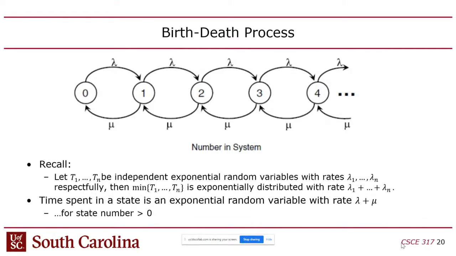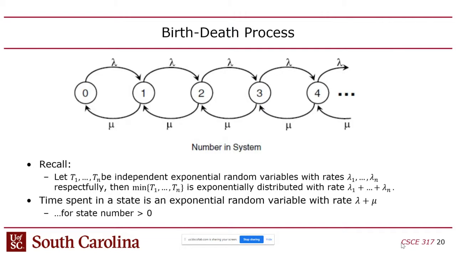One transition is adding a customer to the system, and the other is servicing a customer, so you're losing a customer. And in a Markov chain, instead of a traditional state machine where an input causes you to transition from one state to another, it happens randomly. You just randomly switch states.